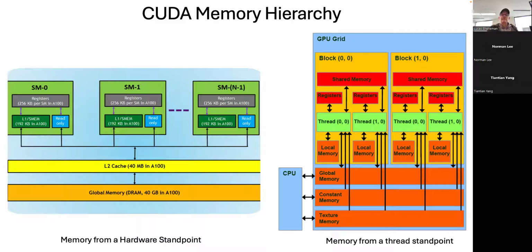And so from a thread standpoint, and I'll talk about this in a lot more detail, you take your GPU and you create a grid out of it. And the grid is basically a bunch of what they call thread blocks. And those thread blocks execute within particular streaming multiprocessors, and all of them have access to the global memory, but then they have limited access again to shared memory, et cetera.